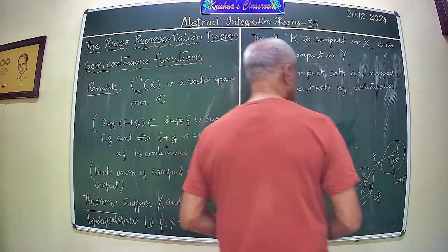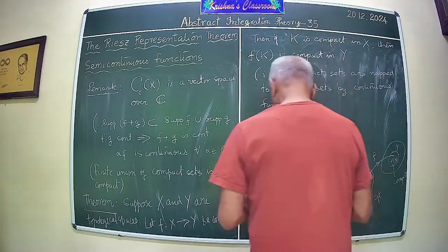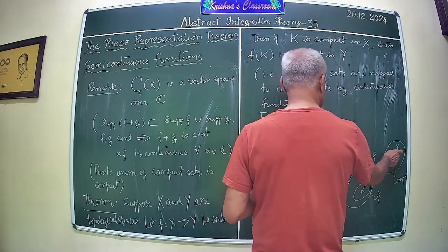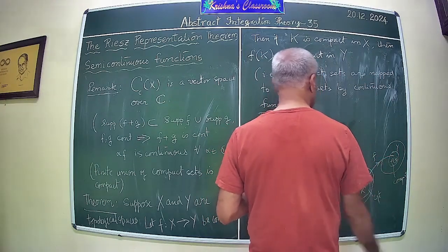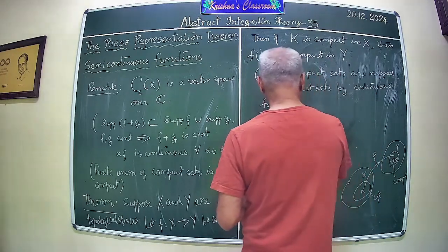So what we do to prove, see, our objective is to prove that f(K) is compact. So let me take an open cover for this, and then we show that it has a finite subcover.